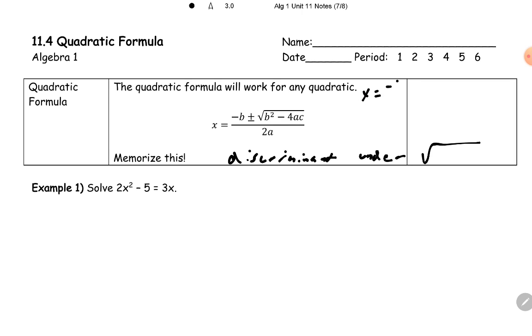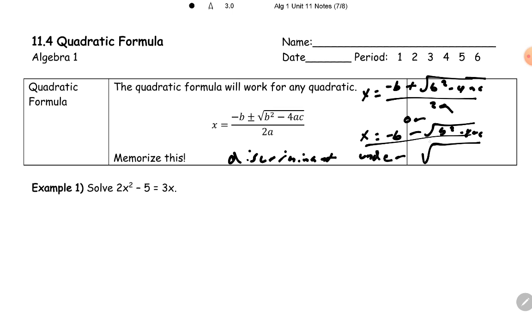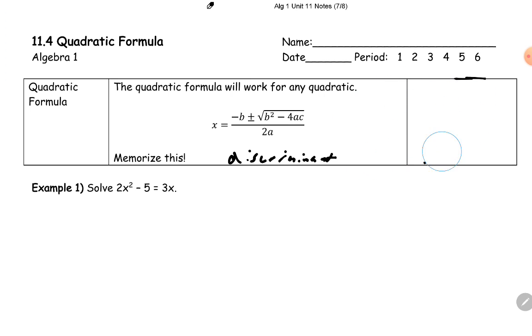We have x equals negative b plus the square root of b squared minus 4ac all over 2a, or x equals negative b minus the square root of b squared minus 4ac all over 2a. It's whether you add or subtract the square root of the discriminant.